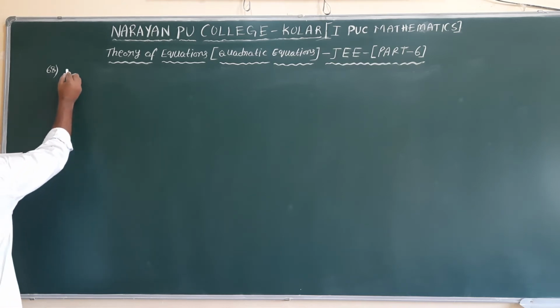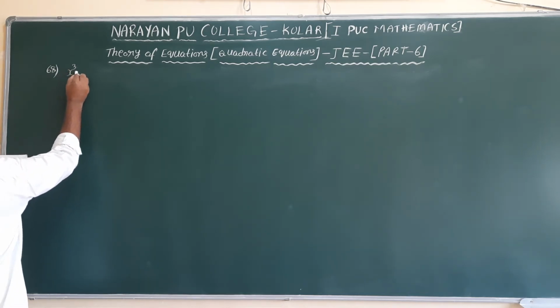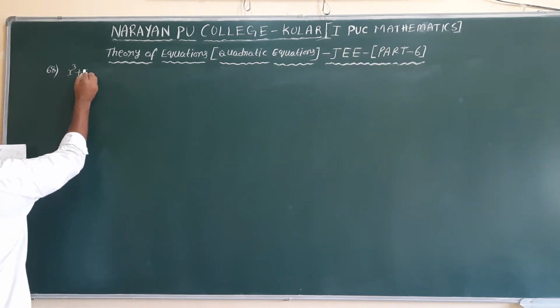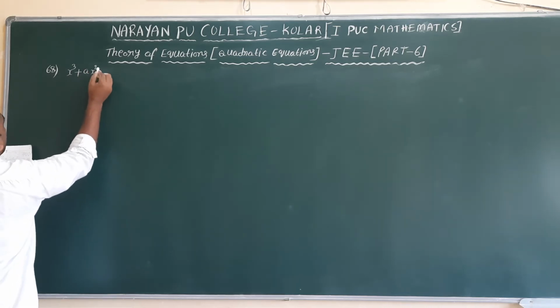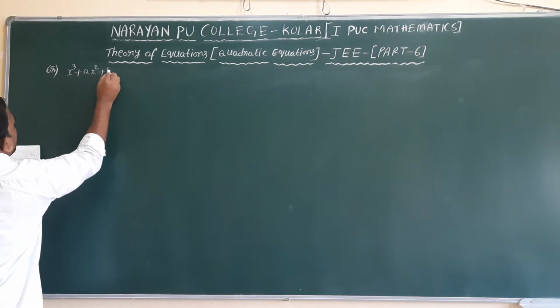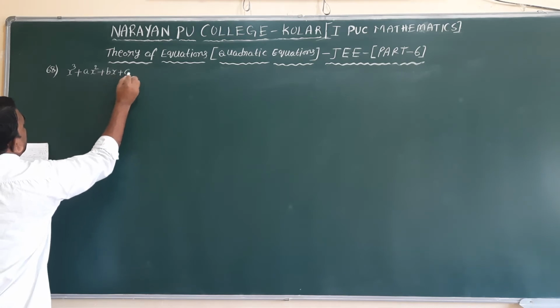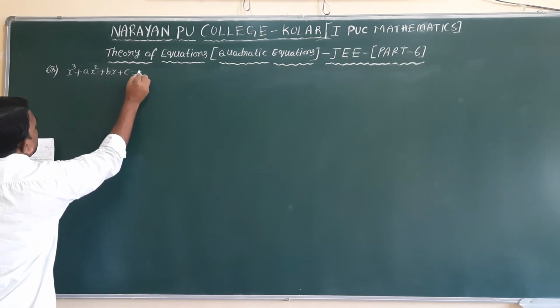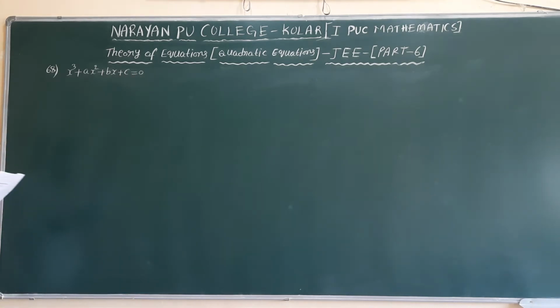Roots of x cube plus ax square plus bx plus c equal to 0 are cosines of angles of an acute angle, then the value of a square minus 2b minus 2c equal to how much?